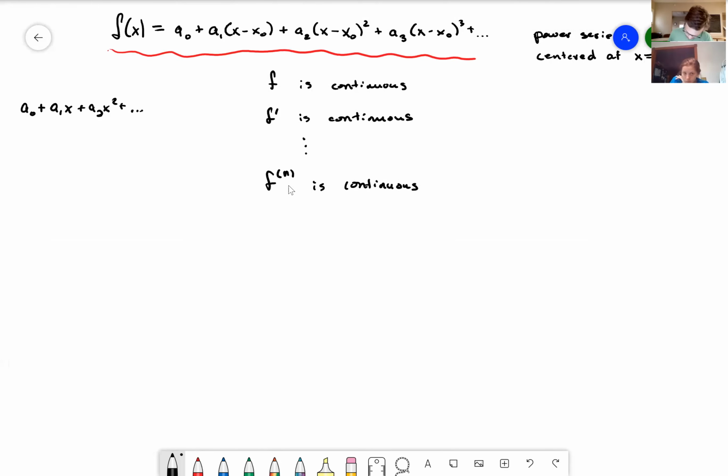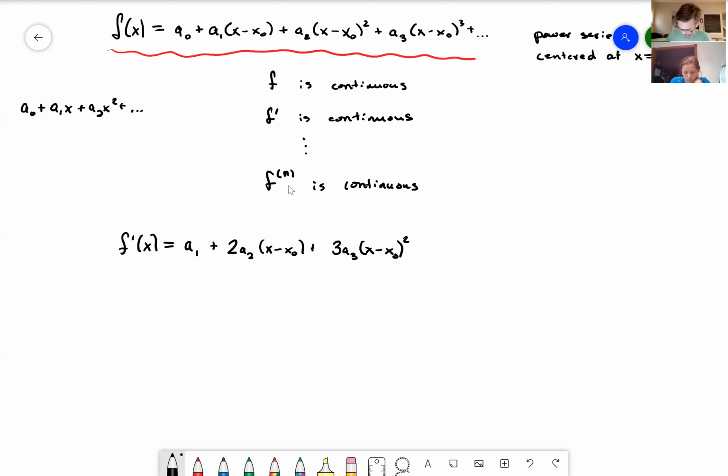So if this is our power series, then its derivative we do just termwise using the power rule. So f prime of x, we'll just take the derivative termwise, and the derivative of a0 will just be 0. The derivative of a1 times (x minus x0) with respect to x will just be a1. And then 2a2 (x minus x0) plus 3a3 (x minus x0) squared.